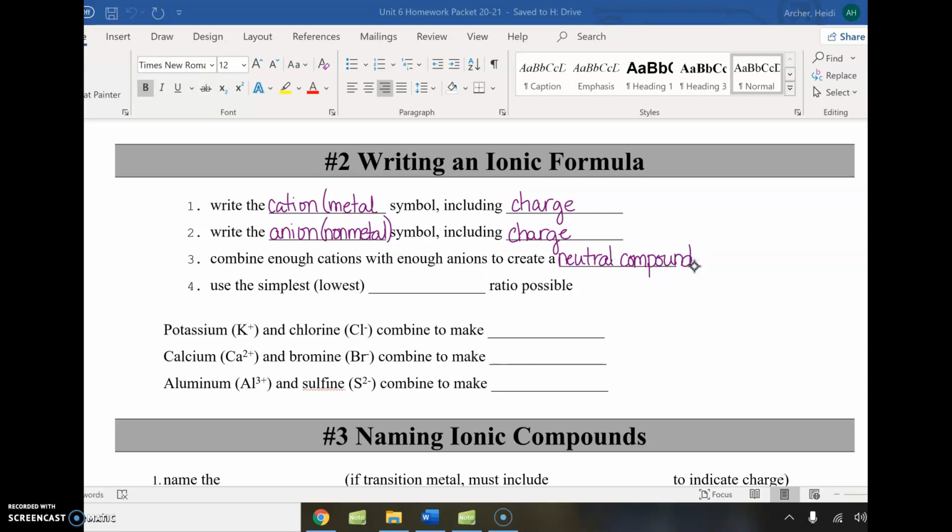Now, you don't realize this, but step 3 combined with step 4, using the lowest ratio or the simplest ratio in whole numbers, is something you actually already know how to do. So step 3 and step 4 are what we know as the crossover method.